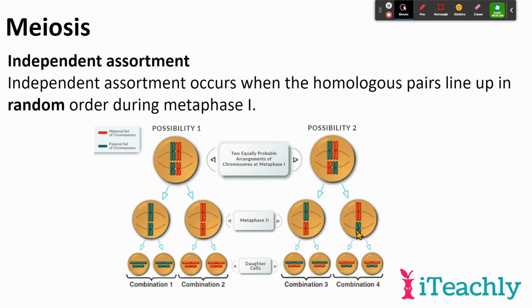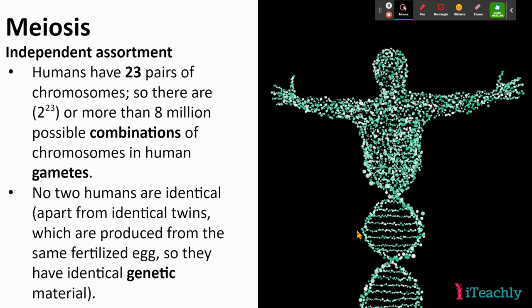So there's 23 pairs. So we do have 23 pairs of chromosomes. So they can be on one side or the other. So they can have 2 sides they can be on. That's where the 2 comes from. And then you have 23 pairs. So 2 to the 23 is actually more than 8 million possible combinations of chromosomes in human gametes. So there's over 8 million different possible ways they can line up on that plate.